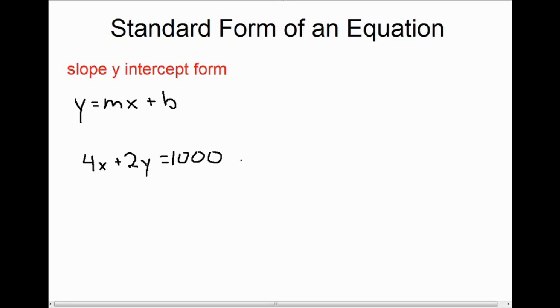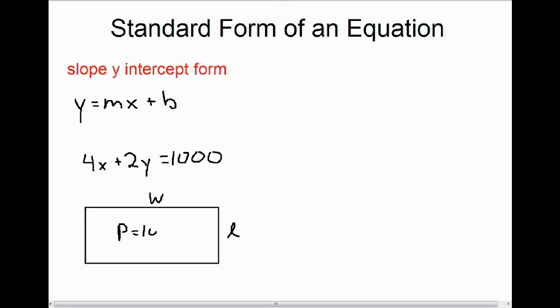Another example of a linear relation is if you have to calculate the perimeter of a rectangle. Suppose we knew the perimeter was, say, 100 meters. To calculate the perimeter, we add the length and the length and the width and the width, and we know that we want it to be 100. If we simplify that, there are some like terms there.